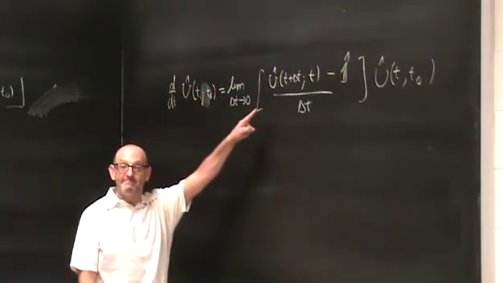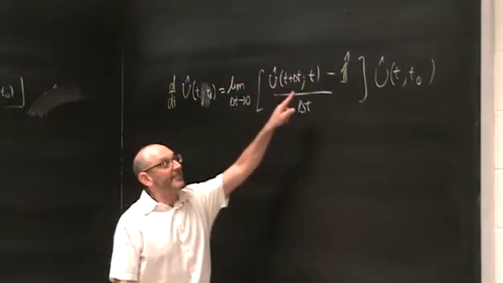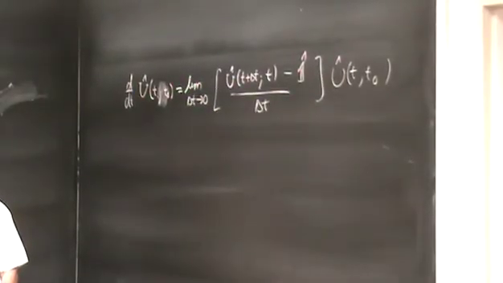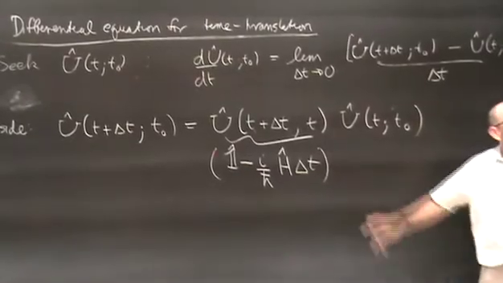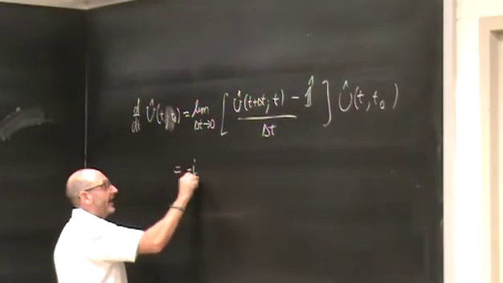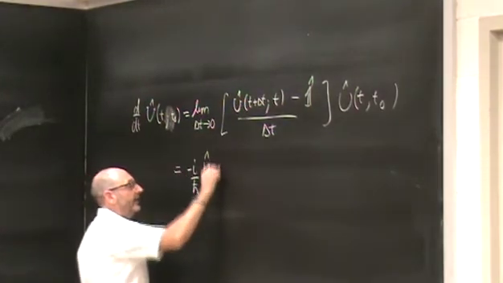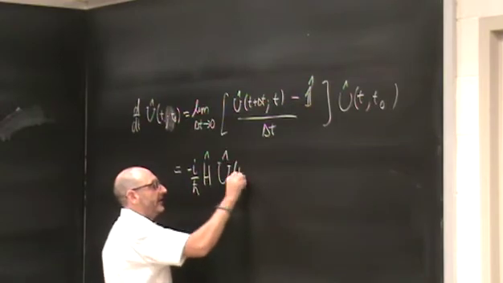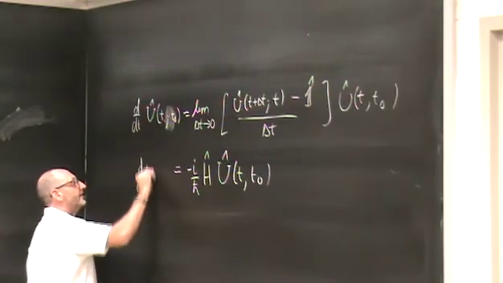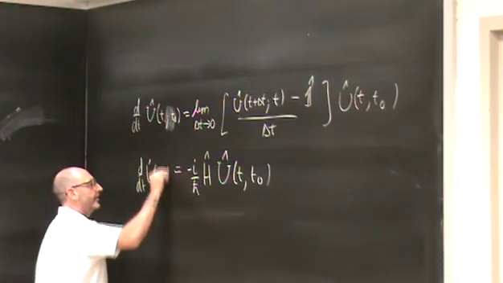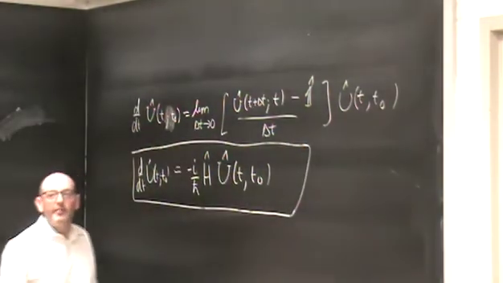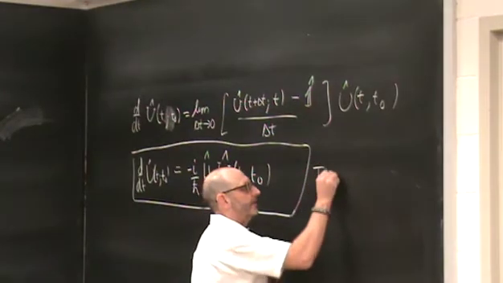I get that. And when we plug that in and put those together, what we get is this is equal to minus i over h bar, Hamiltonian times u. And this is what we call the time-dependent Schrödinger equation. This is one form of the time-dependent Schrödinger equation.